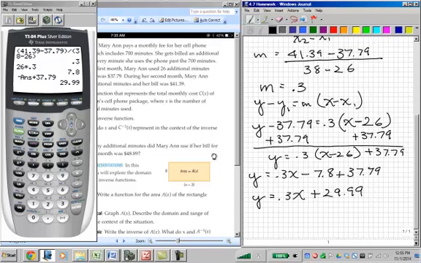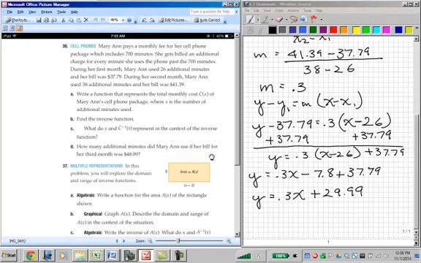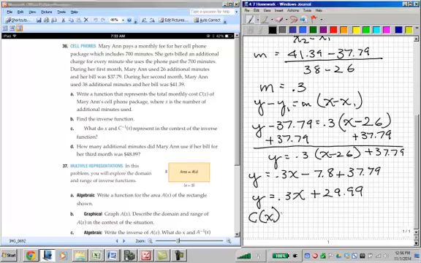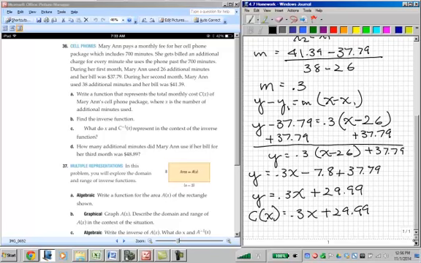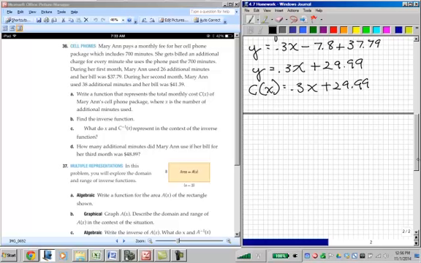Now let's go back to the question and make sure. So write a function that represents the total monthly cost, C of x. Okay, so now we're going to write this as C of x equals 0.3x plus 29.99. Okay, find the inverse function. Okay, here we go. Find the inverse.